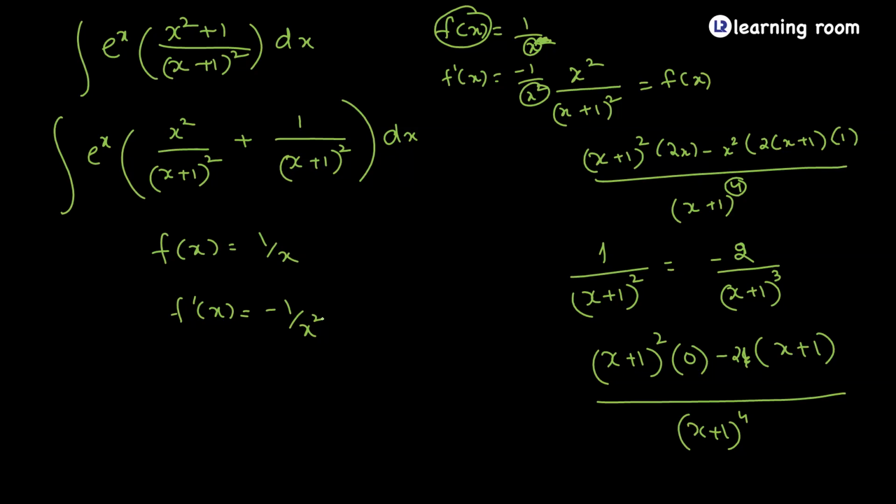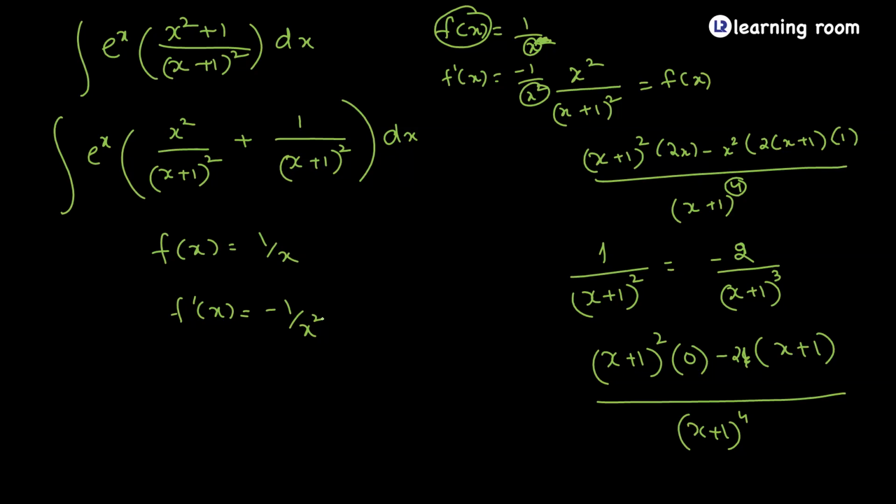This is the second method. In the second method, what did we do? We just took the values. We tried to split it directly and then do it. But I'm trying to tell you what problem you're going to face. I'm just showing you the way you're supposed to think. Please pay attention. If you take one of the functions to be f of x, when can you get the denominator to be x square?